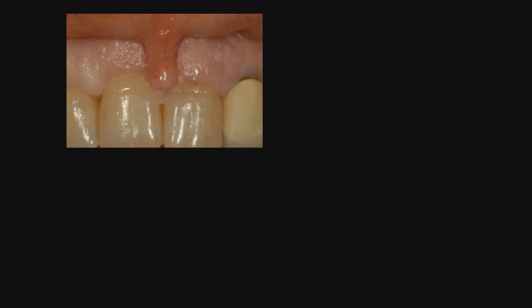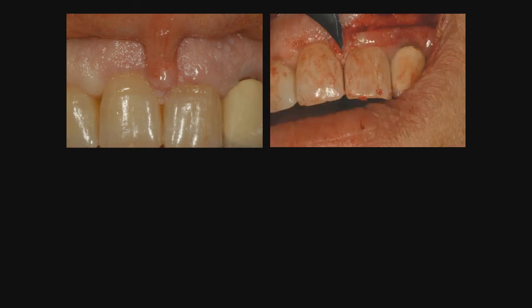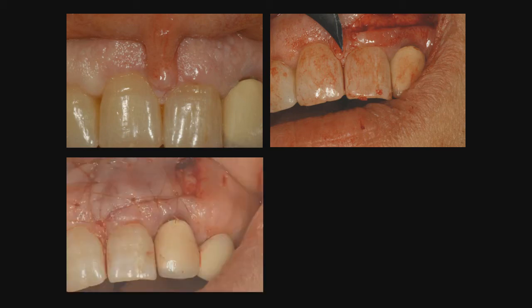Here is the maxillary arch, and you will notice that the papilla between the central incisors appears to be frenal tissue. Yes, we're going to do a frenectomy, as you're seeing here, but please note how we're taking that Bard-Parker 12B blade and not removing the frenum, but doing a plasty to reshape the frenum.